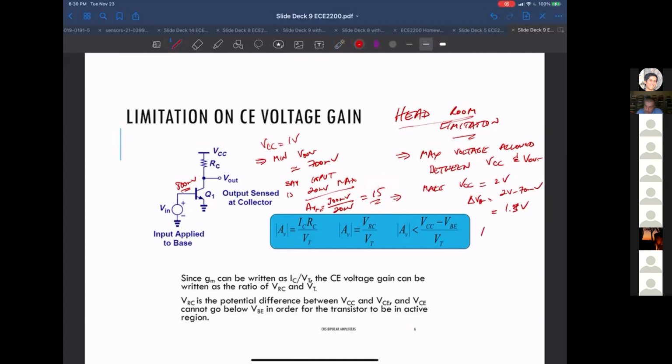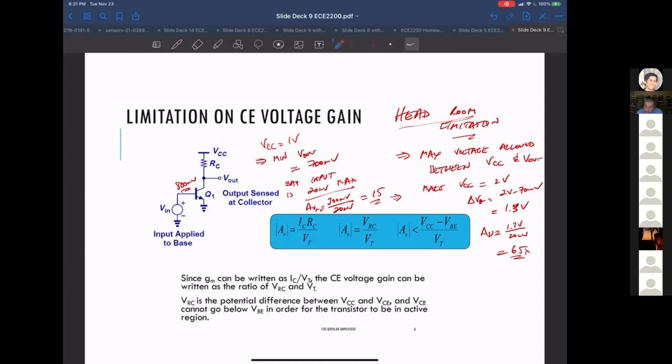The maximum gain I can get is 1.3 volts over 20 millivolts, so that's a gain of 65. That's the max I can get in that case, just by increasing VCC.